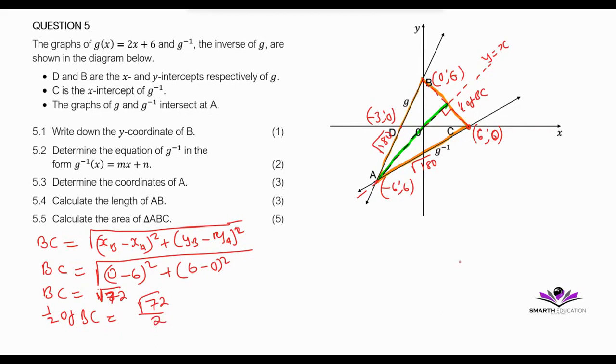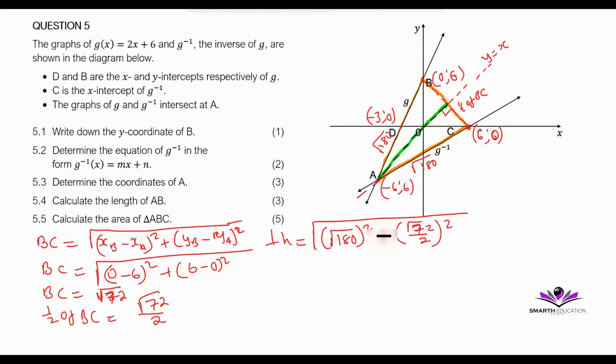So now we have half of BC and AC. We can find the perpendicular height. Let's find the perpendicular height using Pythagoras theorem. So it's going to be AC squared, which is square root of 180 squared, minus half of BC squared, which is square root of 72 over 2 squared.